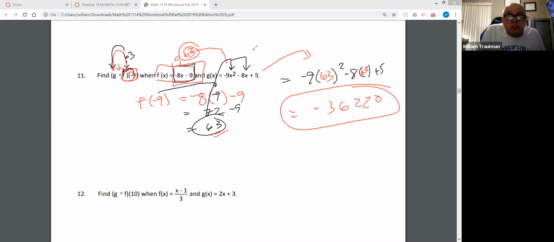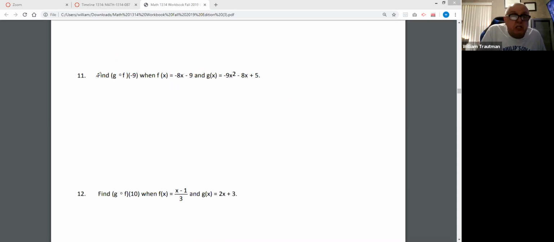Now there's also one that I couldn't find on here, but it's really similar to this number 11. It's the same thing, but we're not plugging a number in. And let me change the problem.